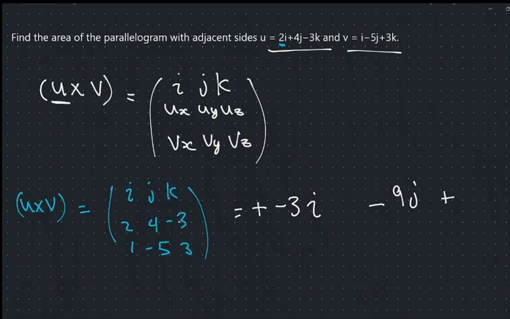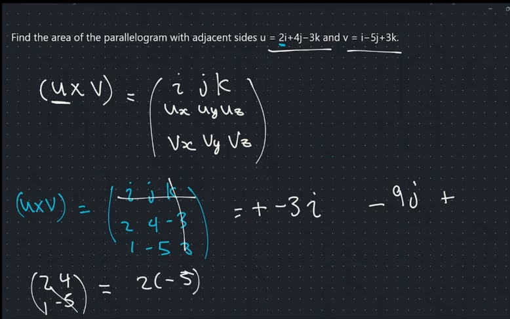Okay? And then our third matrix is going to be this one. So 2, 4, 1, and -5. Let's find this determinant. So it's the main diagonal: 2 times -5, and then minus 4 times 1.